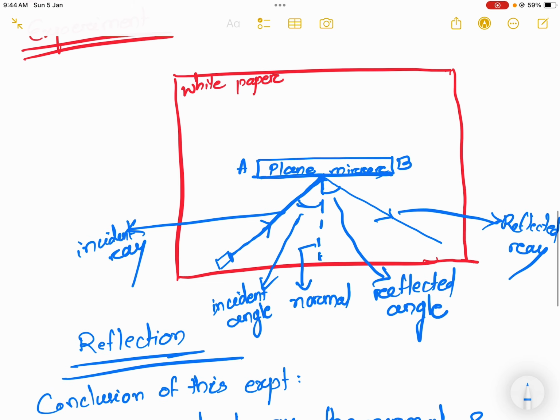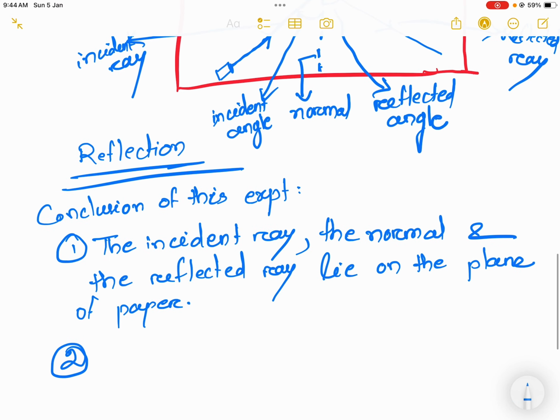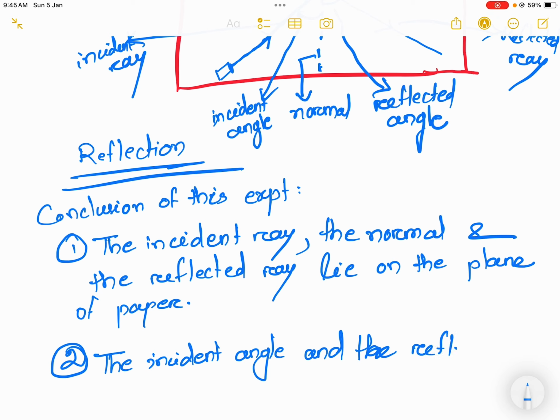If you measure these two angles, you will see that the incident angle and the reflected angle are the same.